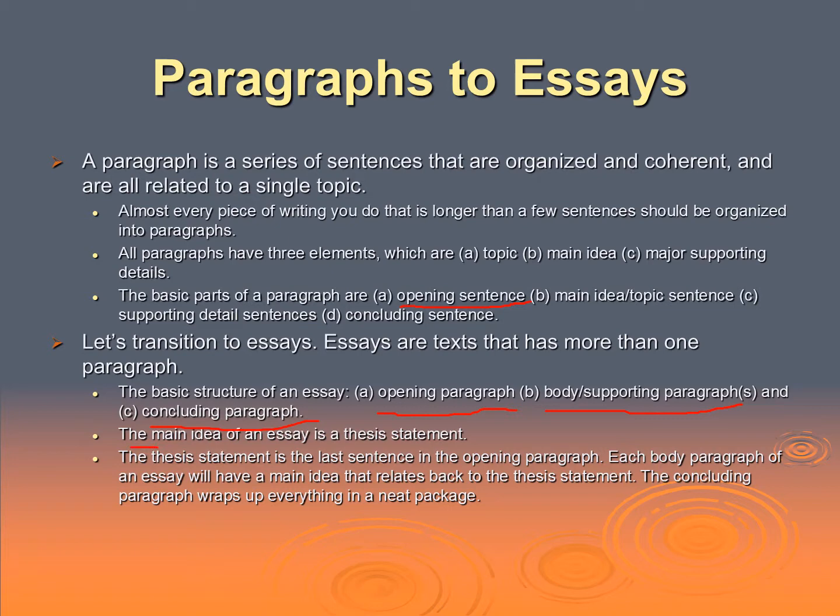Don't forget that the main idea of an essay is called a thesis statement. The thesis statement is generally the last sentence in the opening paragraph. And this is what I said earlier. Each body paragraph of an essay will have a main idea that relates back to the thesis statement, and the concluding paragraph wraps everything up in a neat package.